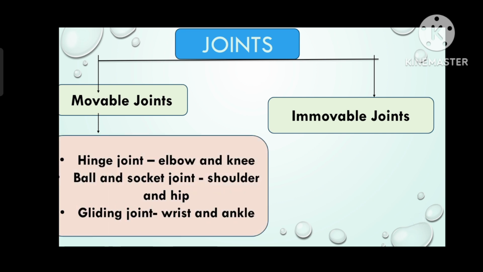Movable joints have three types: hinge joint, ball and socket joint, and gliding joint. Hinge joints are found in the elbow and knee. Ball and socket joints are found in the shoulder and hip. Gliding joints are found in the wrist and ankle. Bones of the skull are immovable joints.